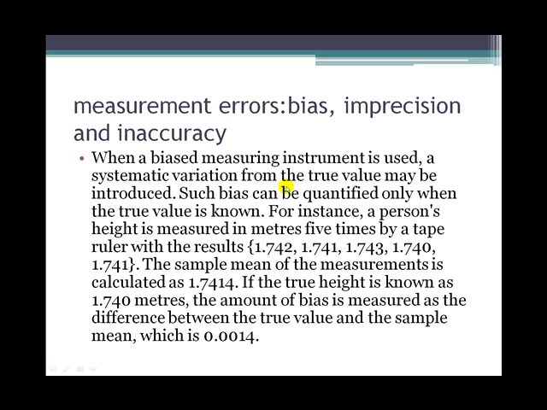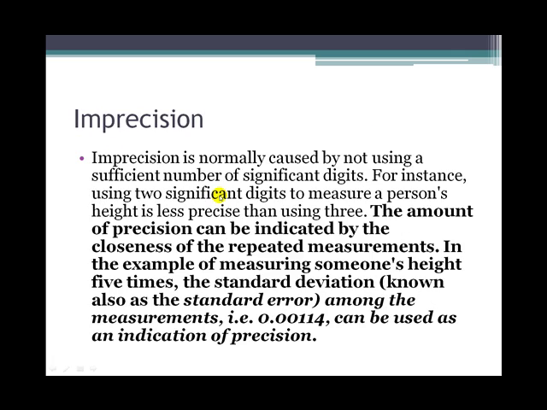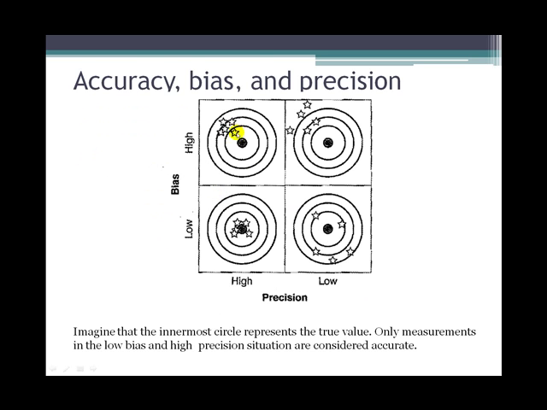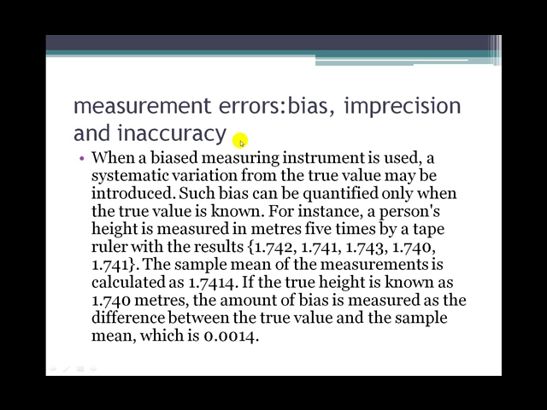When a biased measuring instrument is used, a systematic variation from the true value may be introduced, so systematically away from the center. Such bias can be quantified only when the true value is known. If we didn't know the true value, the center, we couldn't talk about the distance from the center. So we need to know that in order to quantify the bias.